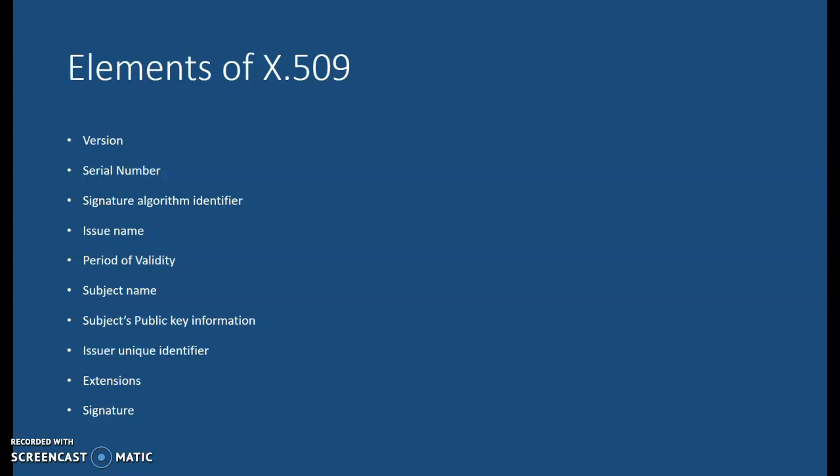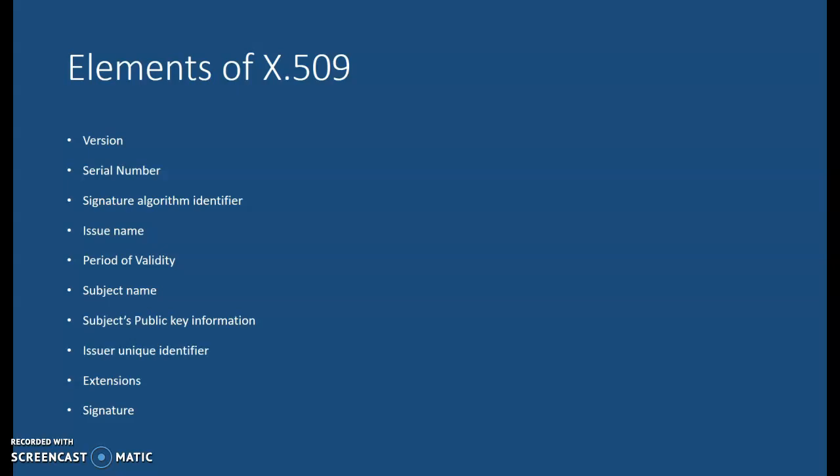Issuer unique identifier: an optional bit string field used to identify uniquely the issuing certification authority in the event that the x.500 name has been reused for different entities.